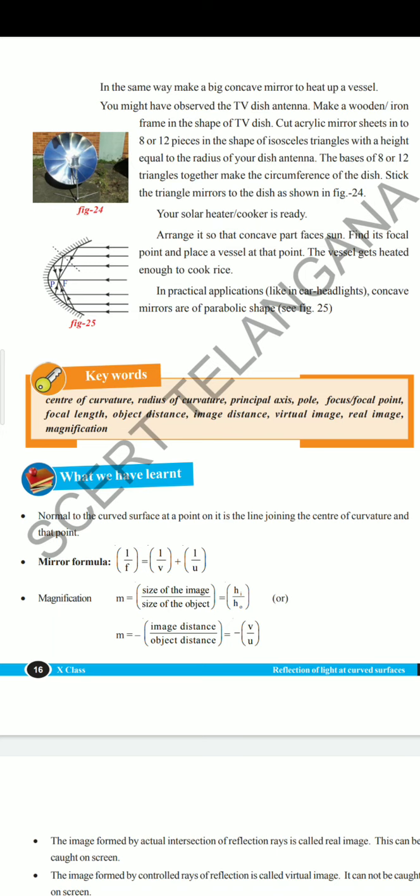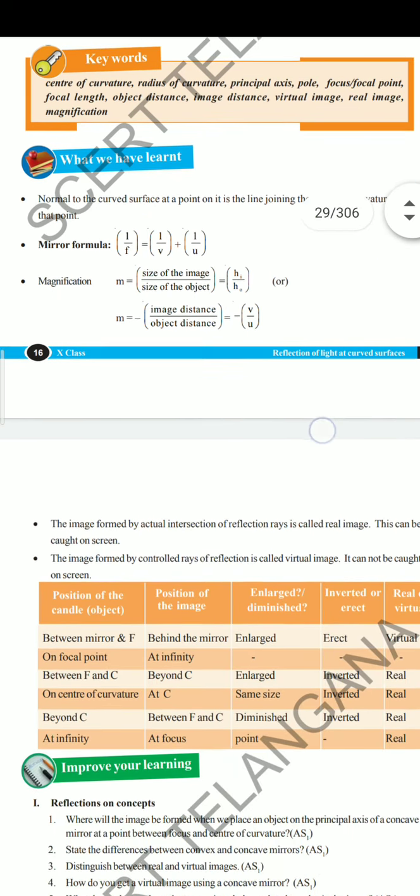Mirror formula: 1 by f is equal to 1 by v plus 1 by u. Magnification: m is equal to size of the image by the size of the object, which is hi by h naught, or m is equal to minus image distance by object distance, which is minus v by u.